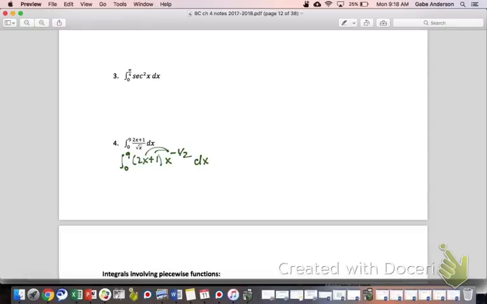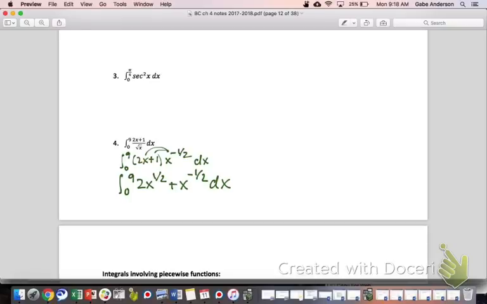So it ends up being the integral from 0 to 9 of 2x to the 1/2 plus x to the negative 1/2 dx. And this might be a time when you want to split it up into 2 different integrals if you want. I don't think that that's necessary. I think we just leave the 2 in there and kind of handle it as we go. But that would be your choice. That would certainly be an option.